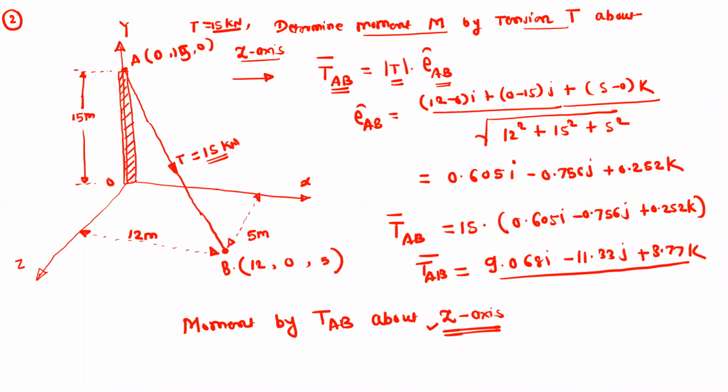This is the Z axis, and for the Z axis we know the unit vector. It is the K unit vector. So the unit vector along the Z direction is K only.